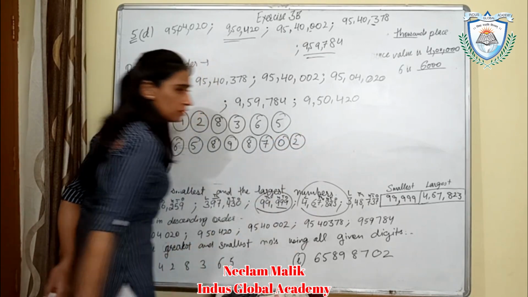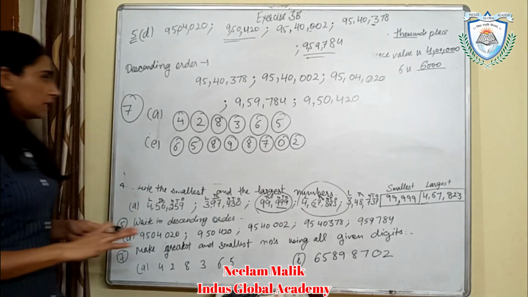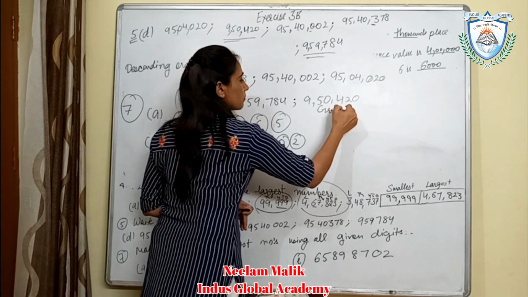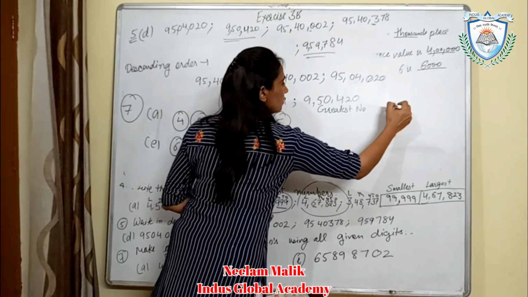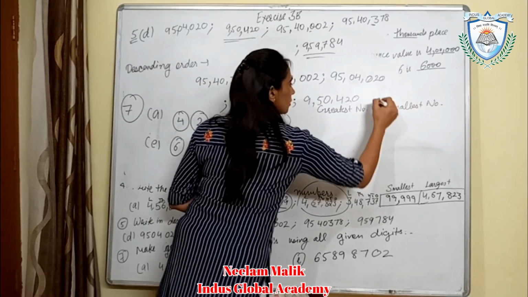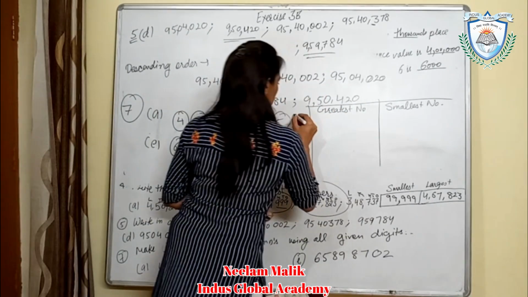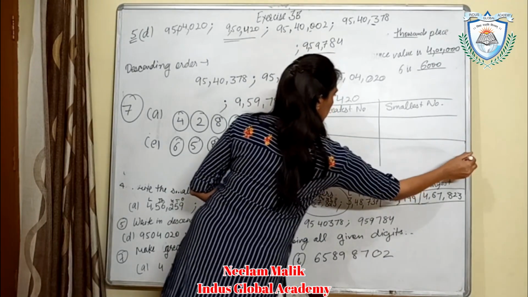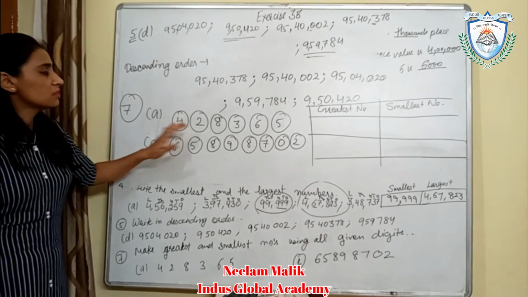These digits are given. So what we have to do here, we have to form the greatest number and the smallest number. So this is A part, these digits are given.